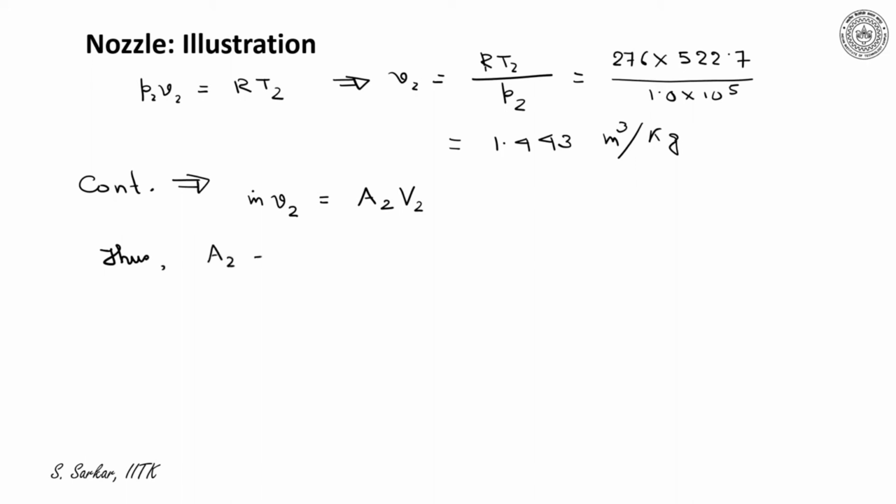Thus A2 is equal to m dot v2 divided by capital V2, capital V2 being the velocity.